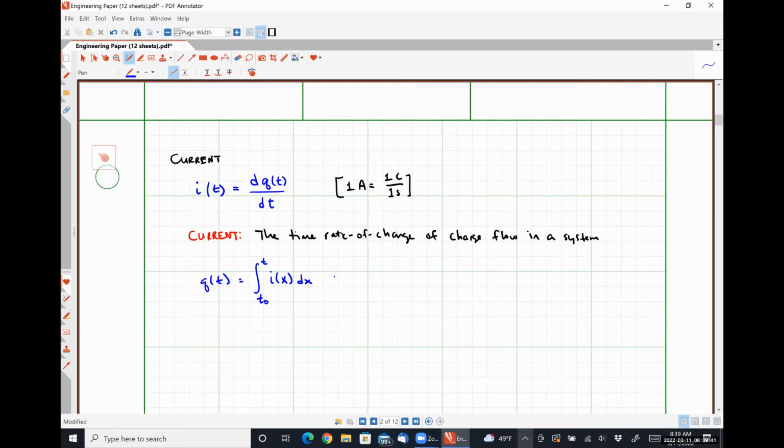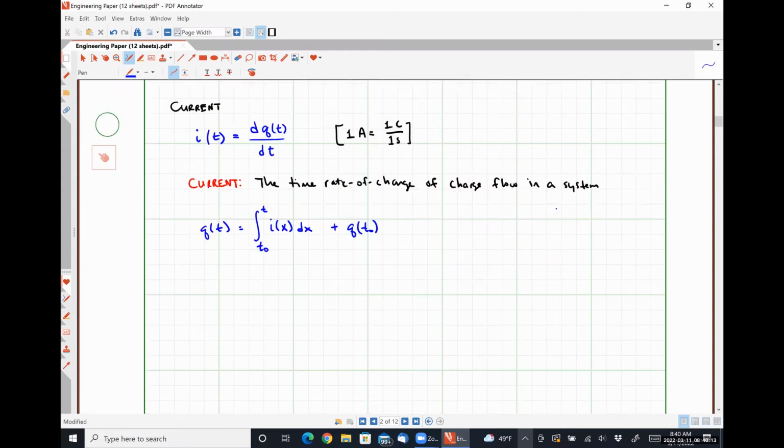What that requires us to do is to add a term, Q of T naught, out here. Okay. A couple of things. That Q of T naught is literally just a constant term that either has to be measured or will be given to you in a problem. It is not inside the integral, okay?